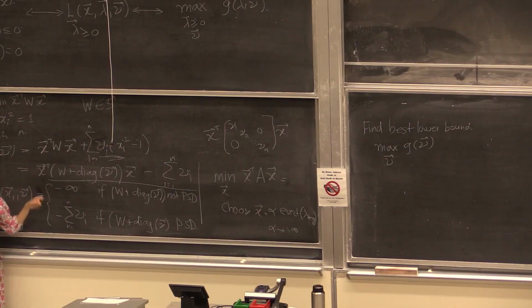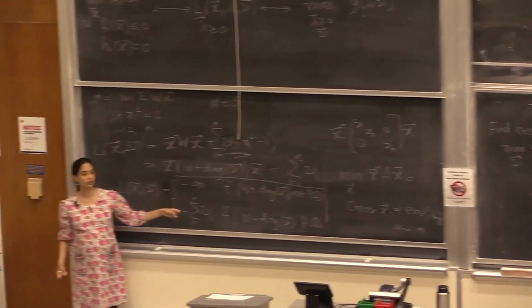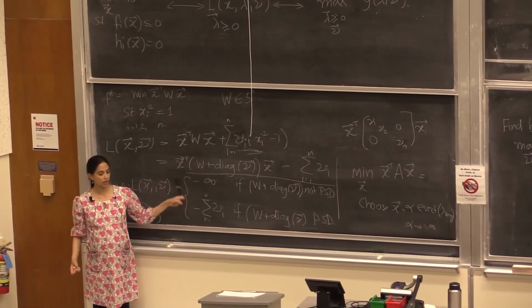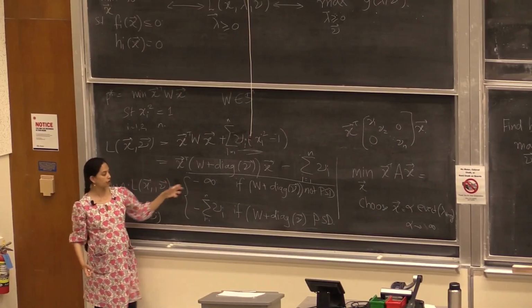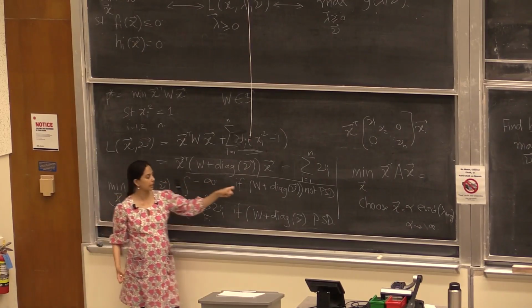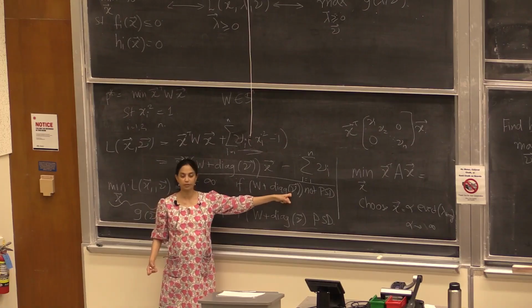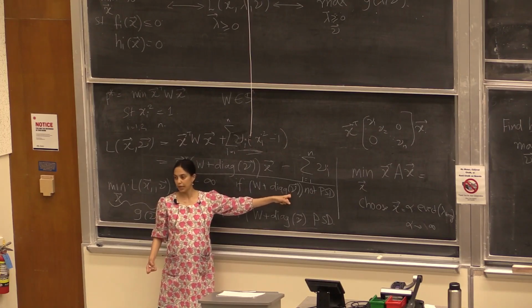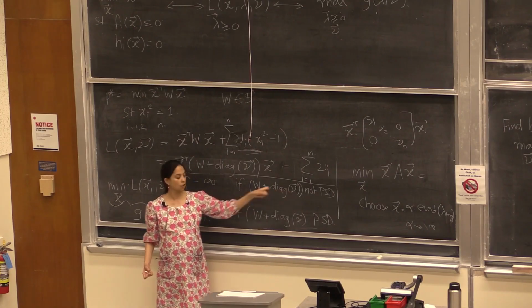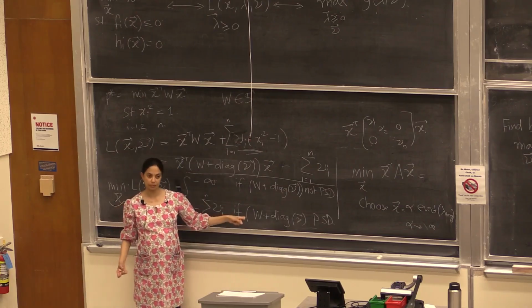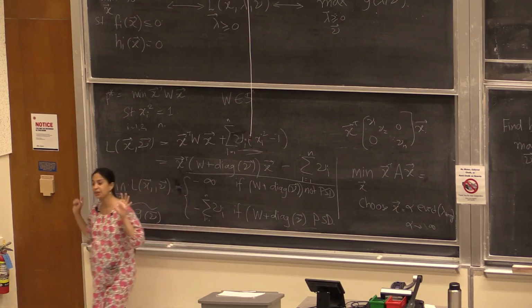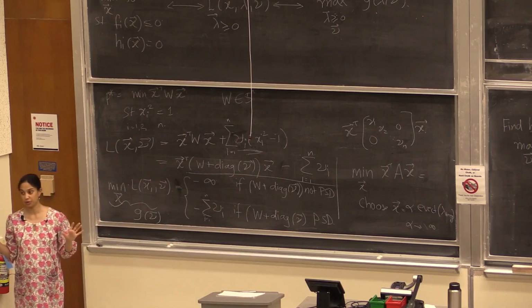There are two different cases for this nu. Either g of nu is equal to negative infinity, and that's in the case where W plus diagonal of this nu is not PSD, or this thing is PSD. I want to maximize g of nu.